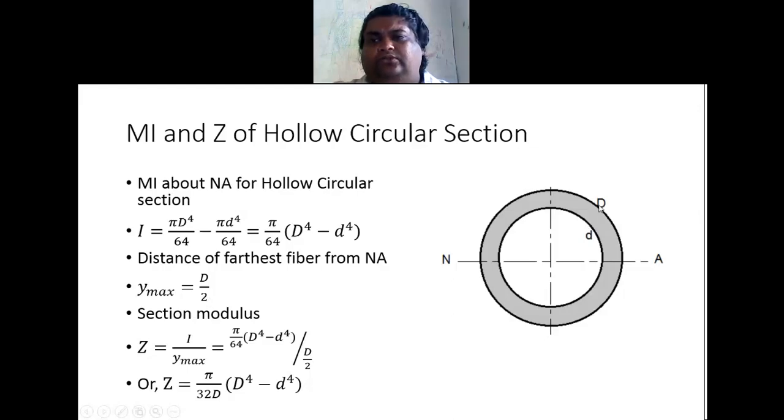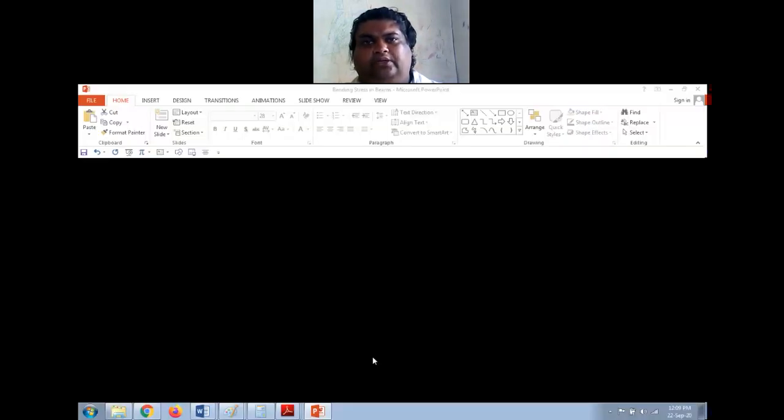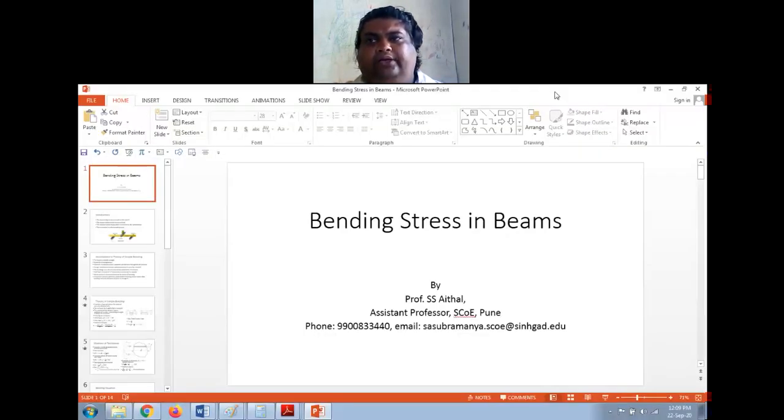This is the outer, larger circle, and half of that is the radius. The section modulus is I by y max, so that comes to pi by 32D into D power 4 minus d power 4. Any questions?